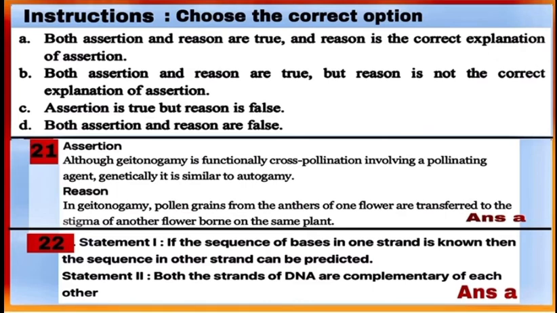Suppose the sequence of bases on one strand is ATCG, then the sequence of bases on the other strand will be TAGC. Thus, if we know the sequence of one strand, we can predict the sequence of bases on the other strand. So here both A and R are correct and R is the correct explanation of A.